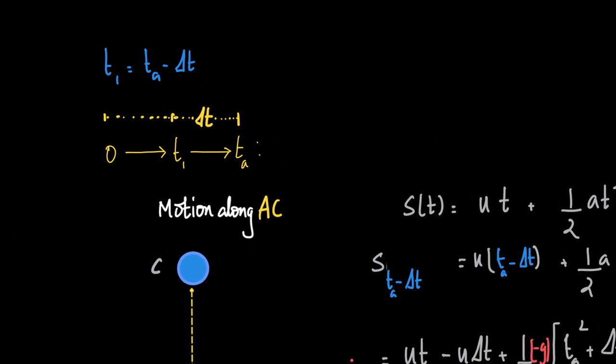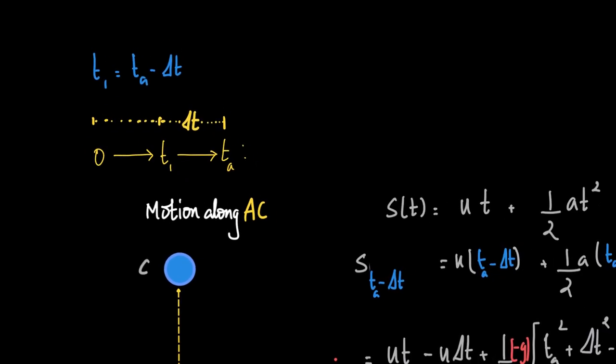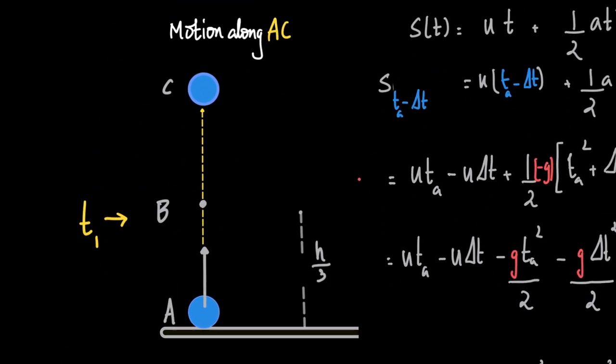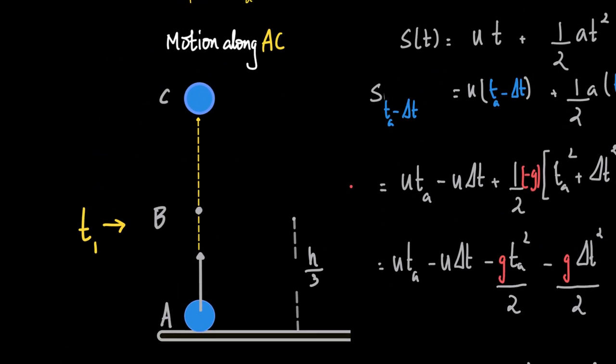So, if we consider the motion from A to C, corresponding to time t equal to 0 to time t equal to TA: at t equal to 0, the ball is projected. At t equal to t1, the ball is at a height p. At t equal to TA, the ball is at the maximum height C.